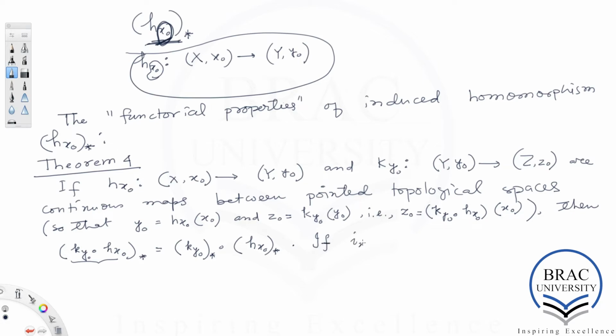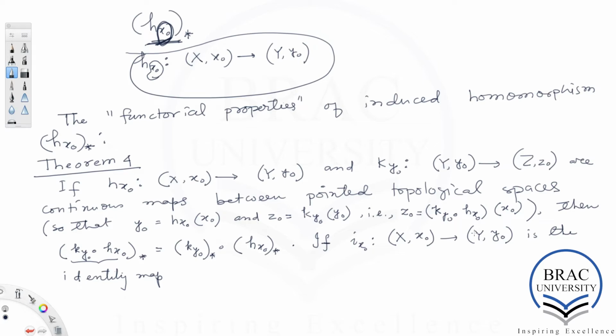If I sub x0 is just the identity map between these two pointed topological spaces, which is of course continuous, no, I think I made a mistake here.